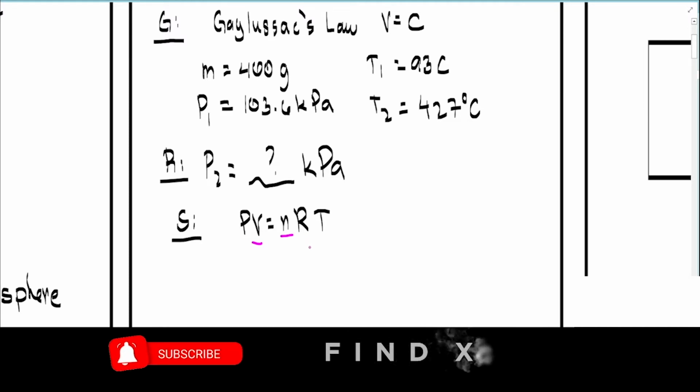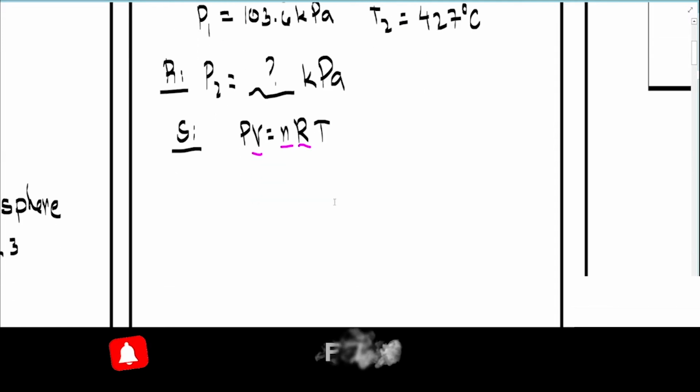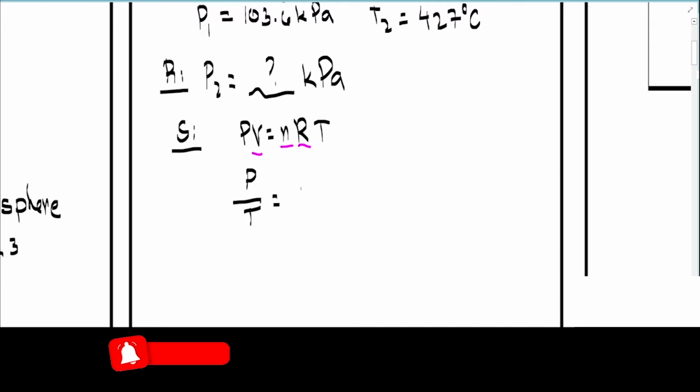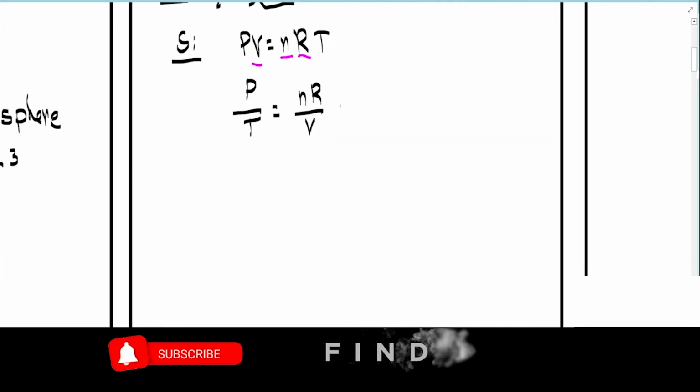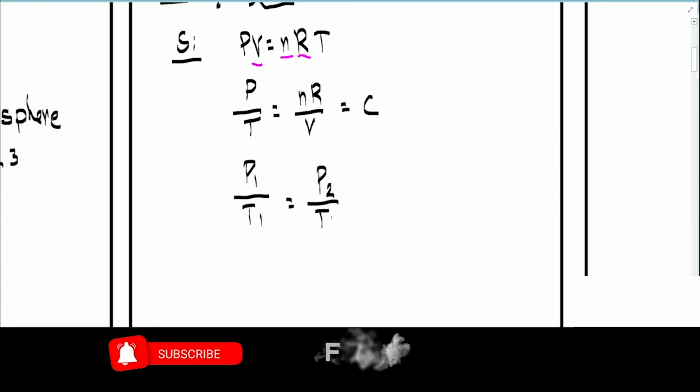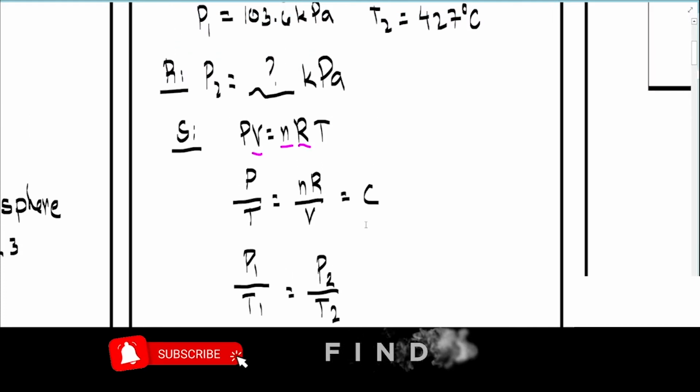So we are only dealing with P and T. Okay, so cross multiplying all the constants and non-constants to separate them, of course, so it will become P over T is equal to nR all over V. And nR all over V is constant, right? So we'll just make it equal to C. Therefore, you'll have here P1 over T1 is equal to P2 all over T2. And then substitute all the givens that we have.